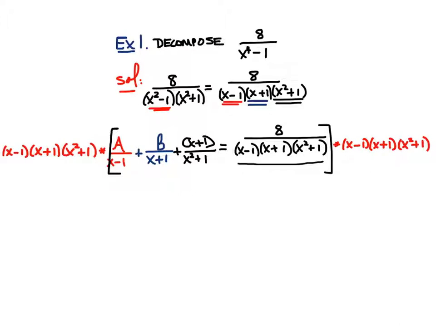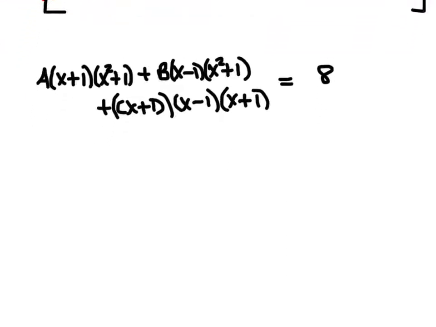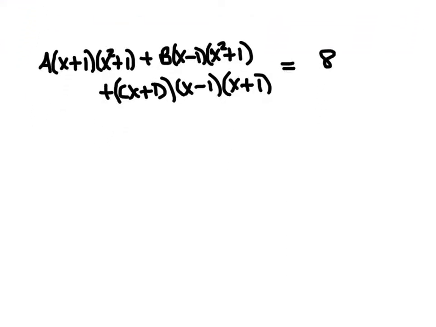So that leads us here, and we notice that on the right this entire term will cancel. And on the left, if you distribute this into each piece, you're going to notice that each piece is going to cancel a little bit, and I'm going to write down what we get after that expansion. And now once we're at this point, our job is to find A, B, C, and D.